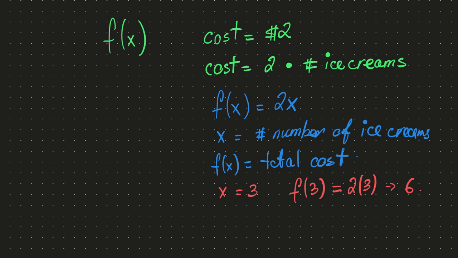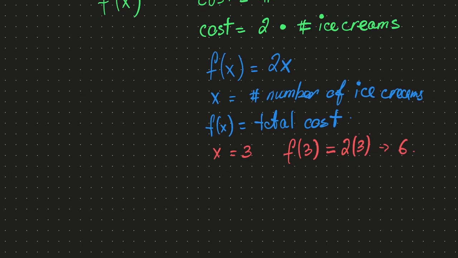So let's go ahead and try another one. x is 5. That means we're buying 5 ice creams, right? x equals 5. And so we will write that f of 5 will equal, what is it? 2 times 5. And that will equal 10. Okay, so f of 5 equals 10, considering the rule that every ice cream costs $2.